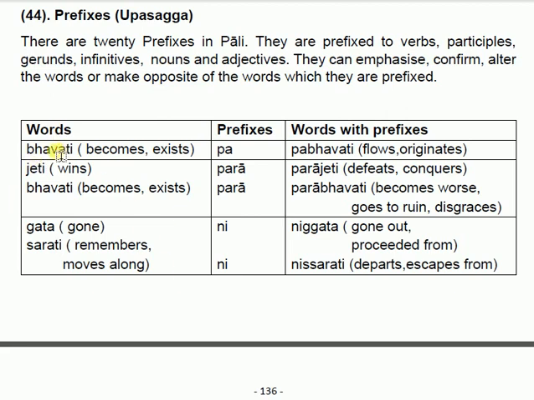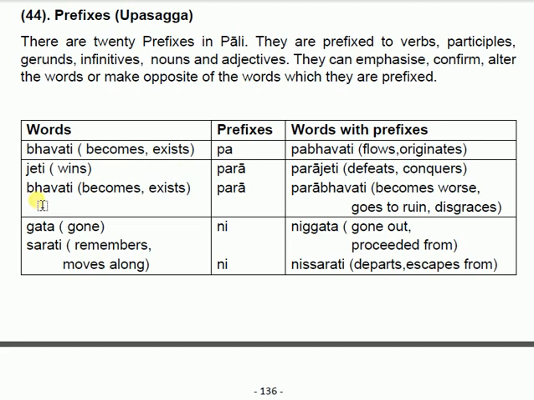These are the words and prefixes, then the words with prefixes. Let's see, bhavati means becomes or exists. When we add pa, pabhavati means flows or originates.